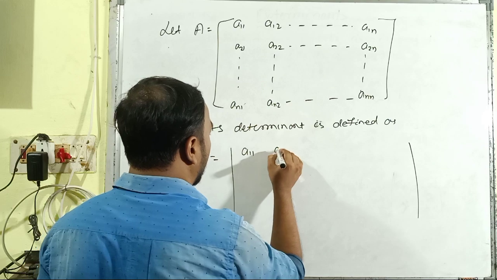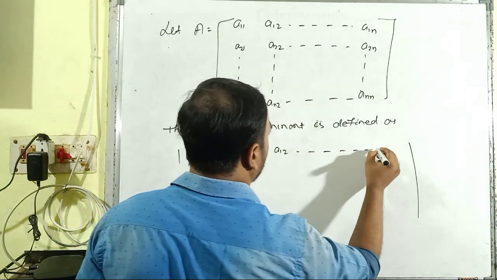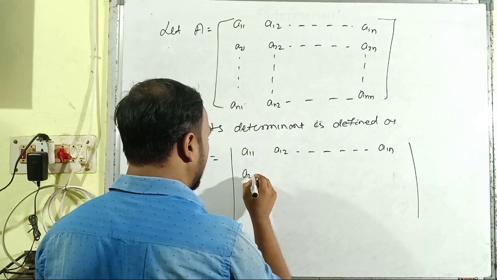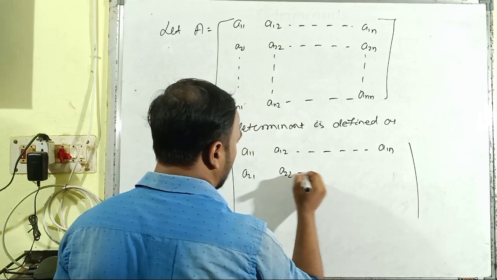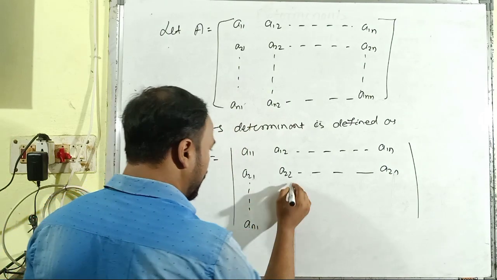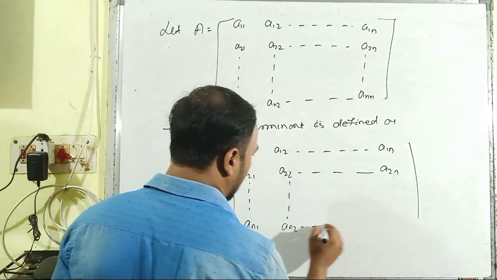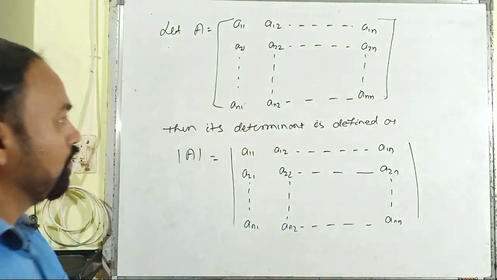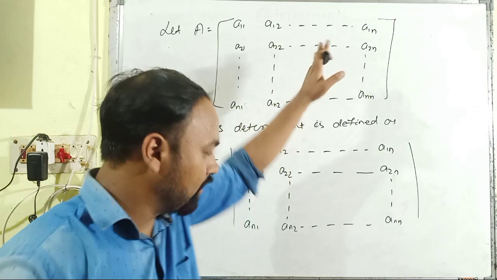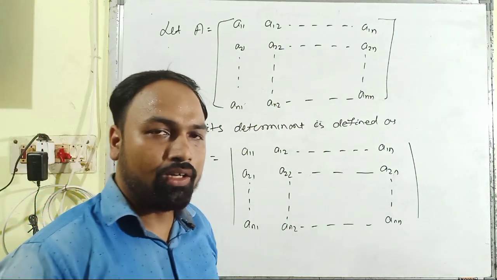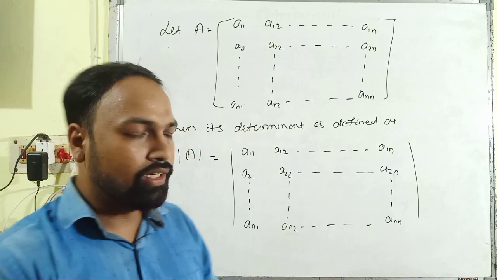Here it is A11, A12, A1n, A21, A22, then A2n. It is the representation of a determinant for a matrix, and this is the specification of writing a determinant, or converting a matrix to a determinant.